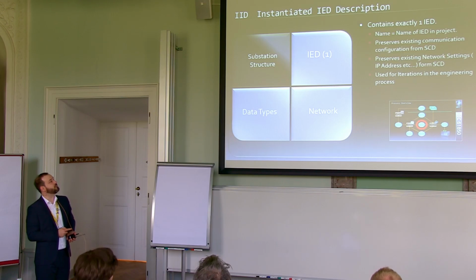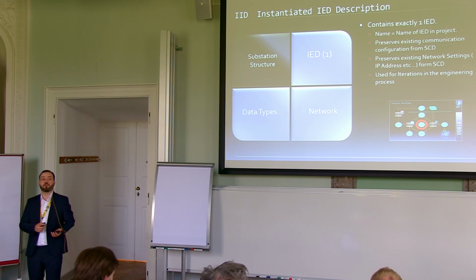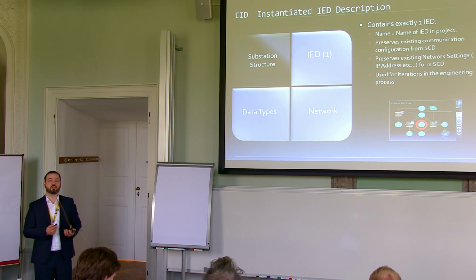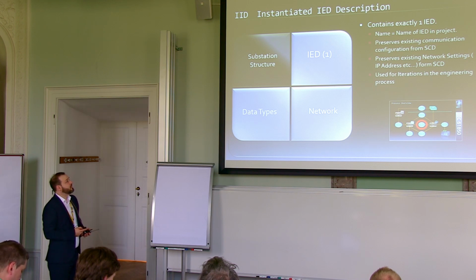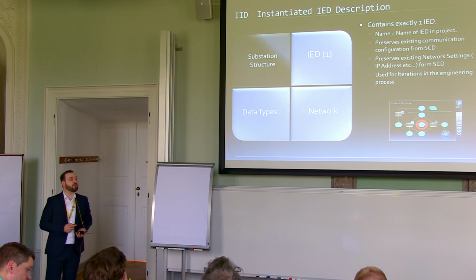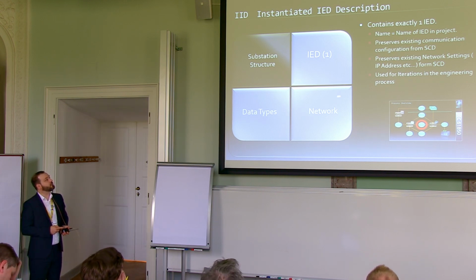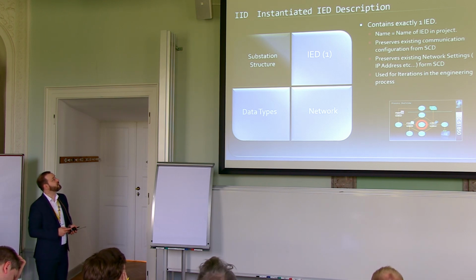It doesn't need to be template, but rather it's the name of the IED in the project. After all, that one is unique, and when we re-import it, we need to make sure that we actually replace or update the correct device.